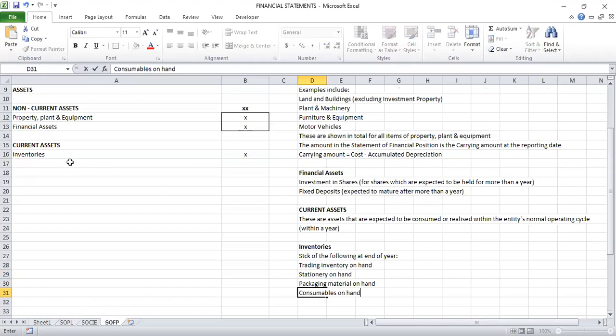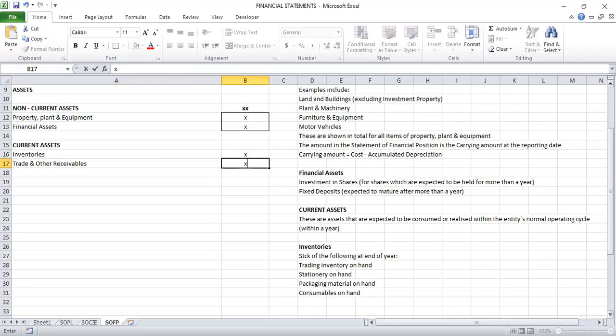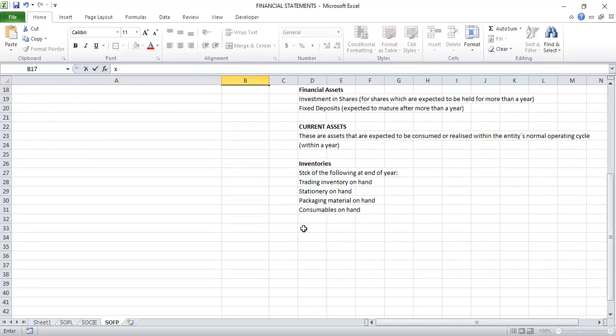Right. We have got trade and other receivables. That's trade receivables, which we also call debtors, or they can call it debtors control or accounts receivable.